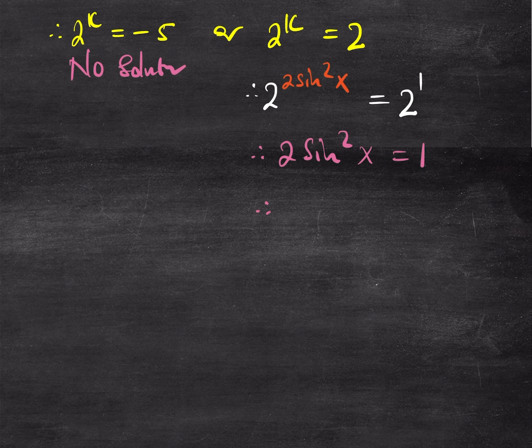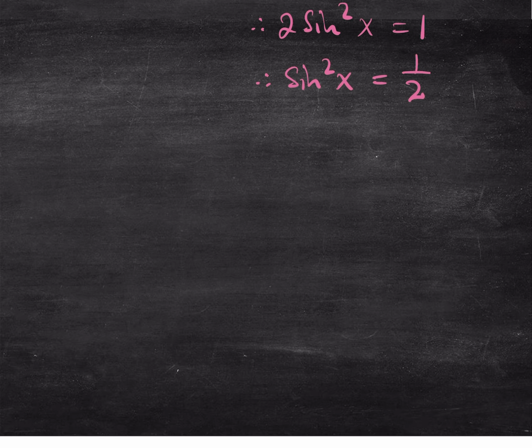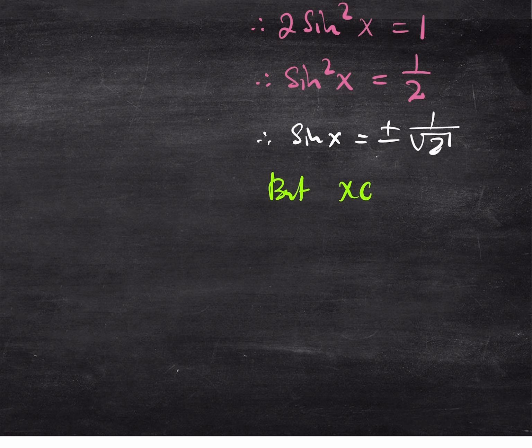Therefore, you are going to get sine squared of x is equal to 1 over 2. So let's solve for sine x now. We're almost done. So sine x is going to be equal to plus or minus 1 over the square root of 2 if you take the square root both sides there. But you need to be very careful. x is in the first quadrant.